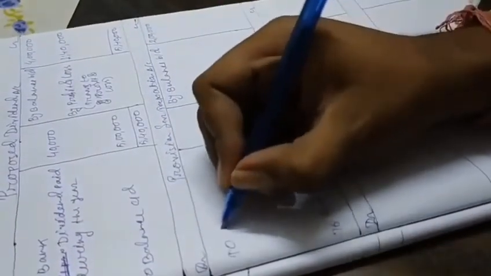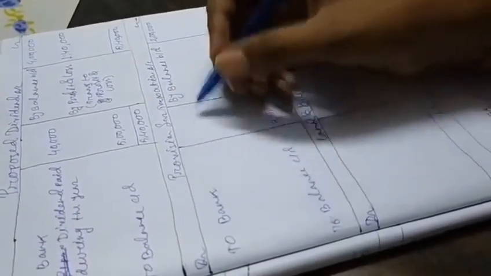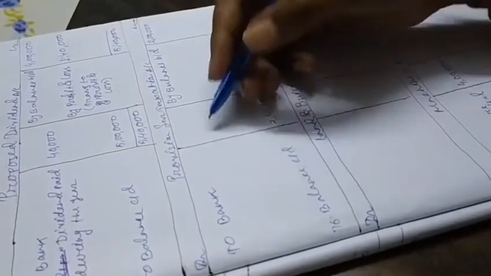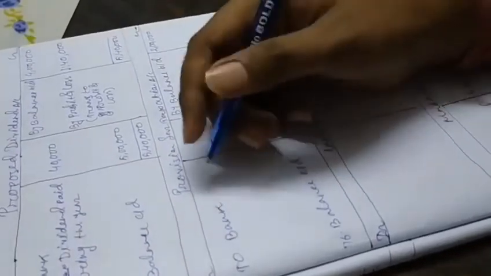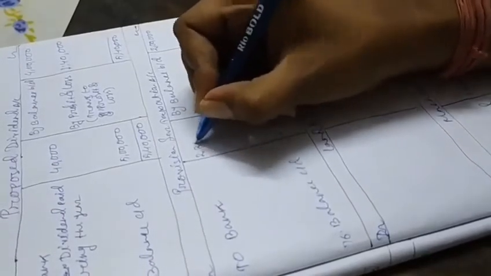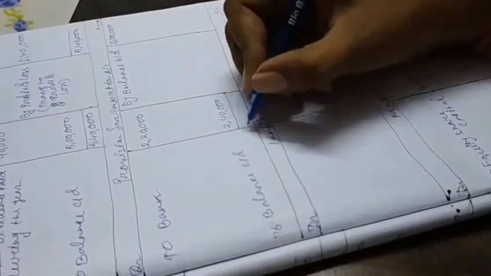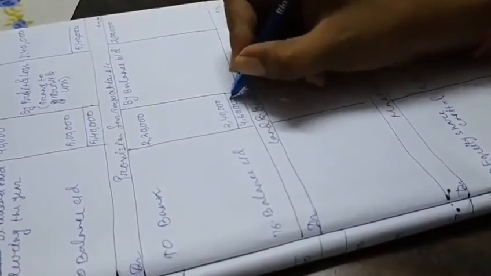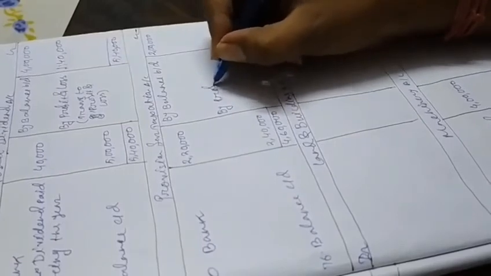So tax to bank, that value is 2,20,000, and the total value is 4,60,000. So the balancing figure we will write down as profit and loss, transferring the value of provision for tax to the profit and loss account.